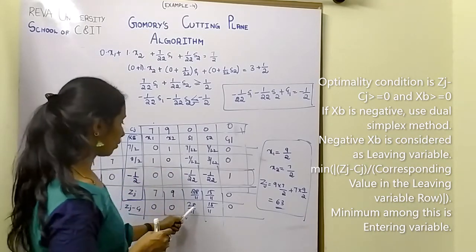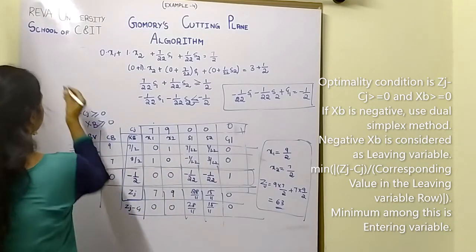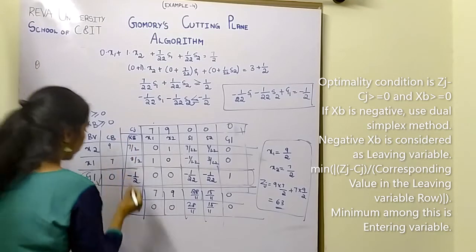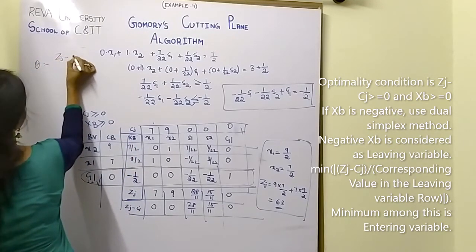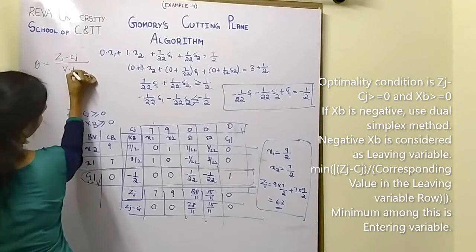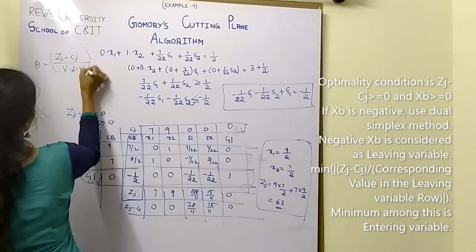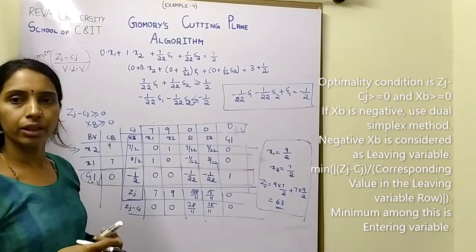To find out the entering variable, use the formula theta is equal to Zj minus Cj divided by the value in the leaving row. The minimum among these will give the entering variable.